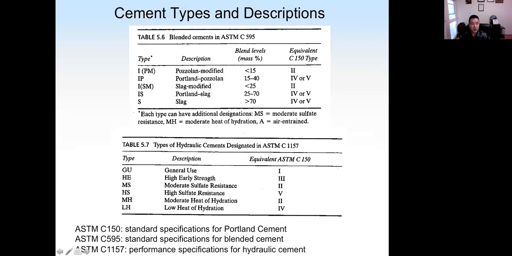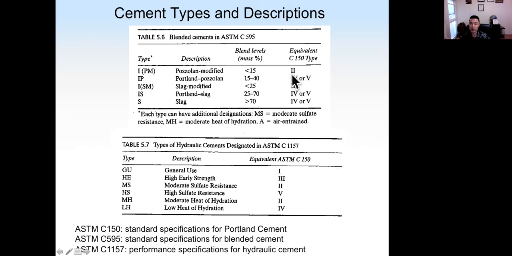Here shows the names for the 3 cement standards. And the table on the top shows the blended cement, CEE688. So PM means Portland modified cement. The blend level is less than 15% of Portland materials, which is similar to type 2 cement in ASTM C150.